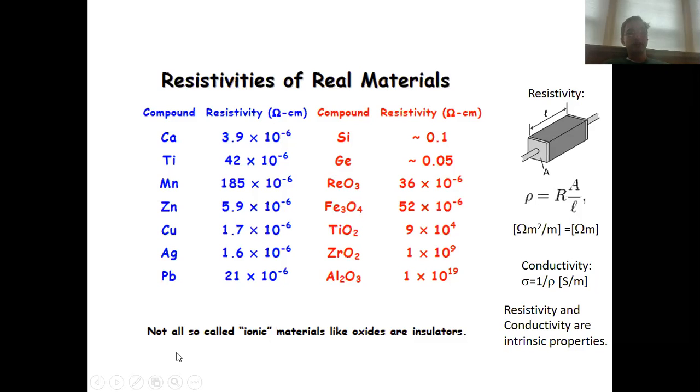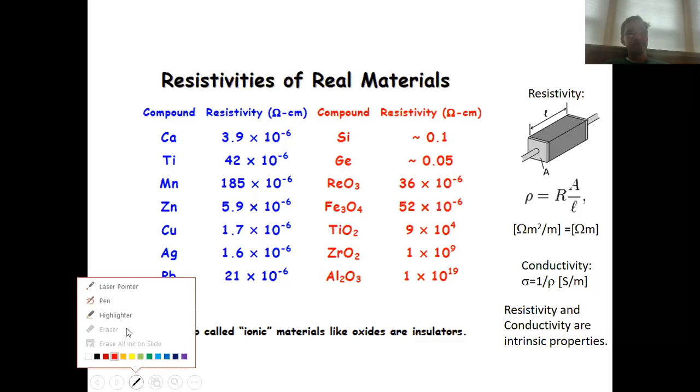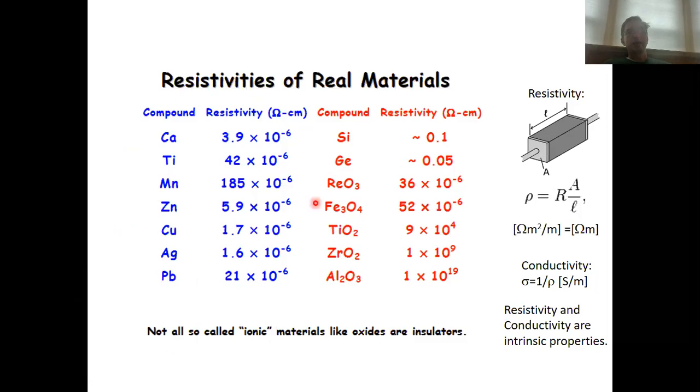So you see here on the left-hand side there are metals, and here on the right-hand side in red, you see a number of other compounds which are not elemental metals. Let us look at the resistivities of these metals here. We see that they are all relatively similar.